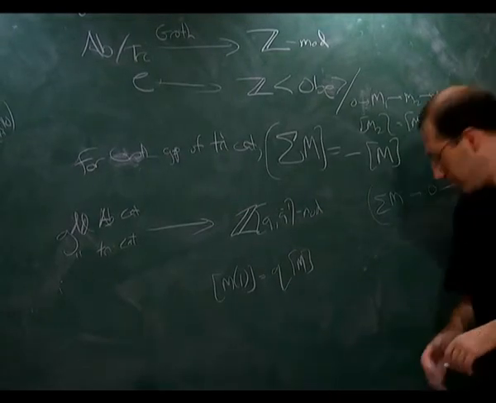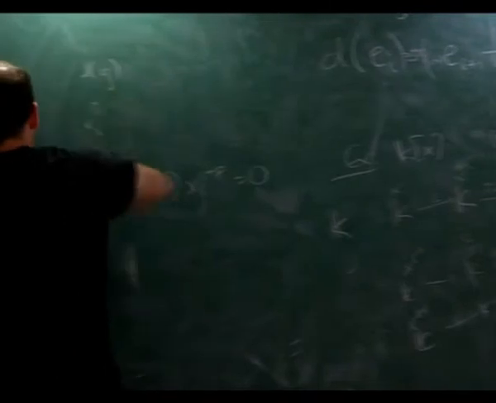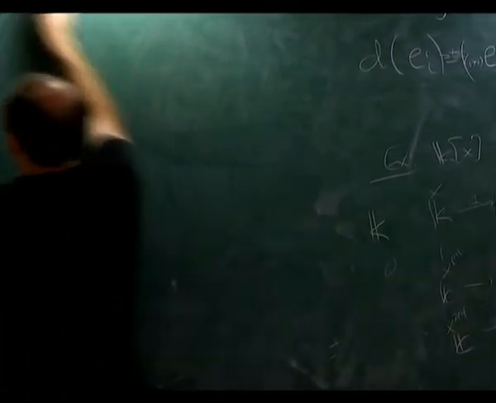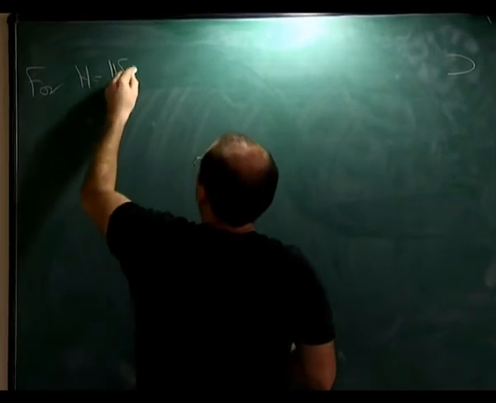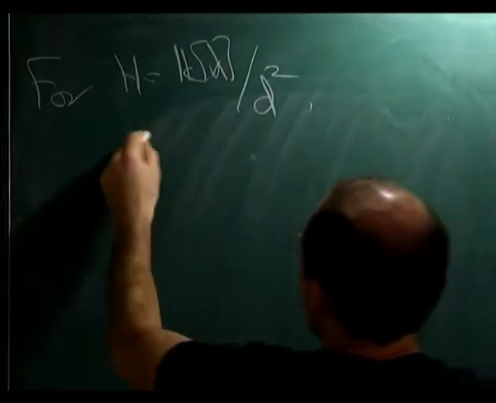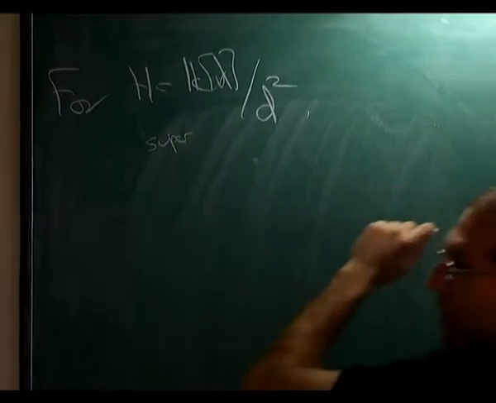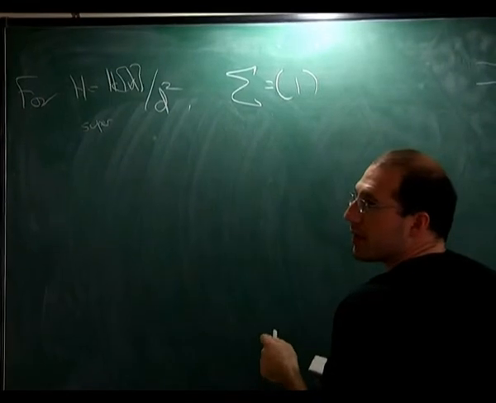So in normal homological algebra, and I will write it down, for H equal to k[d] mod d squared in the super world, the suspension is equal to the grading shift.